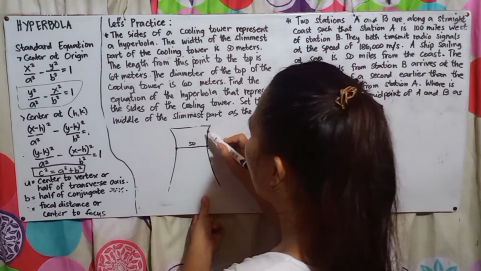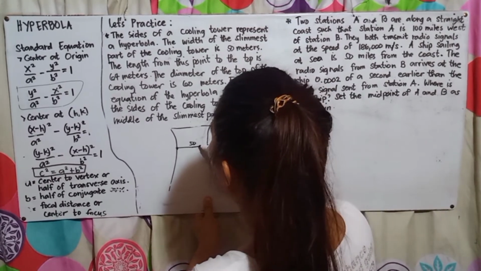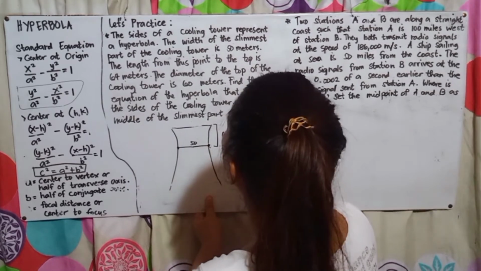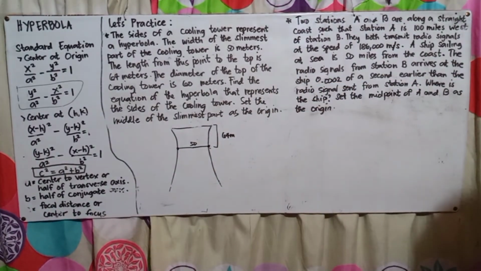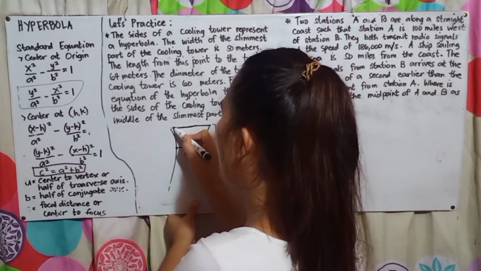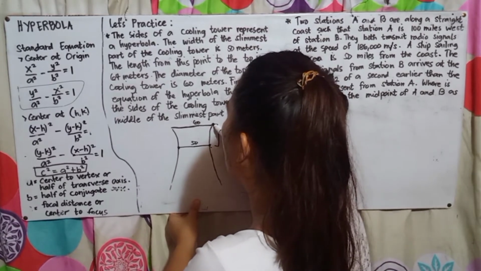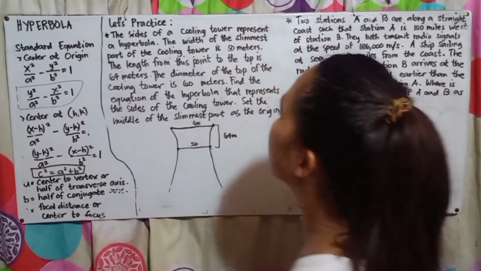From the slimmest part up to the top is 64 meters. The diameter of the top is 60.